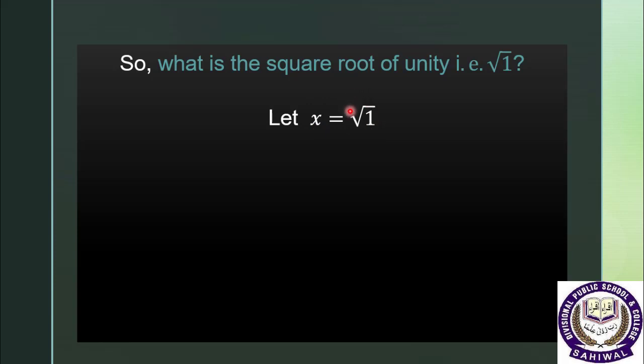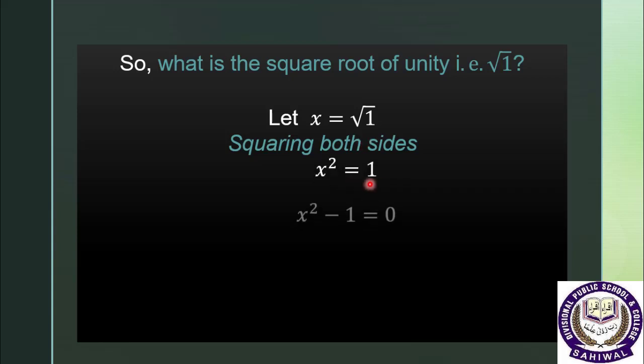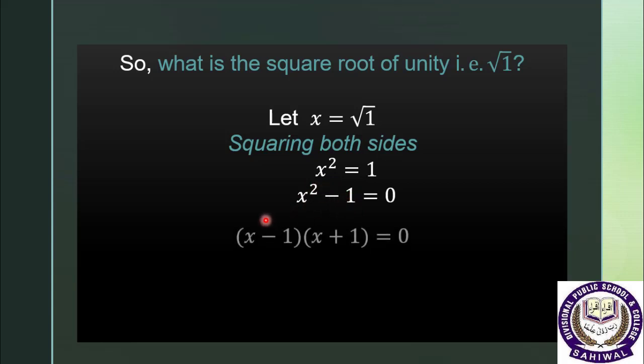To remove the radical sign, we take the square on both sides and get x square is equal to 1. Taking 1 from right hand side to the left hand side, we get x square minus 1 equal to 0. This can be expanded by using the identity of squares: x square minus 1 is equal to x plus 1 and x minus 1, which is equal to 0.